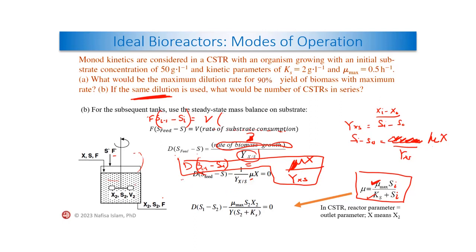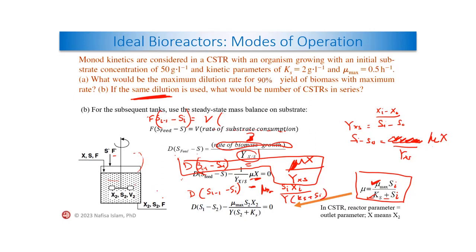After that, the maths is pretty easy once you know where we are getting here. So in the spirit of i and i minus 1, this is D S i minus 1 minus Si minus mu max Si Xi, because this is going to be the one that is coming out, not the i minus 1, divided by Y times Ks plus Si.